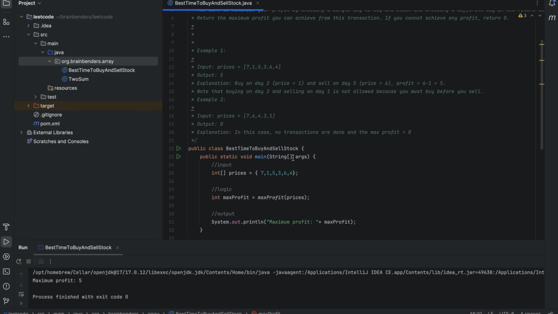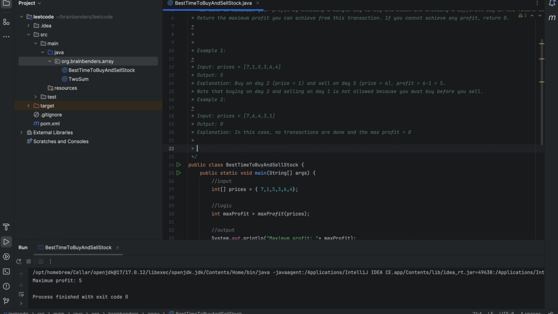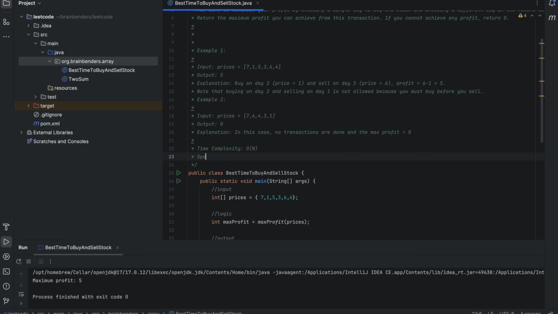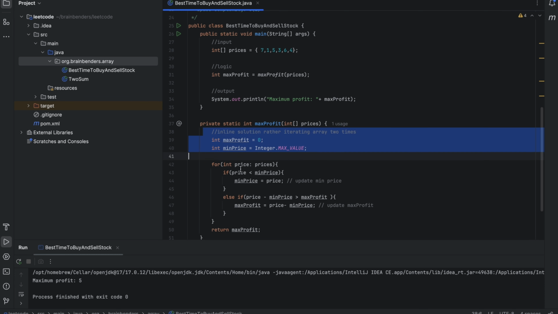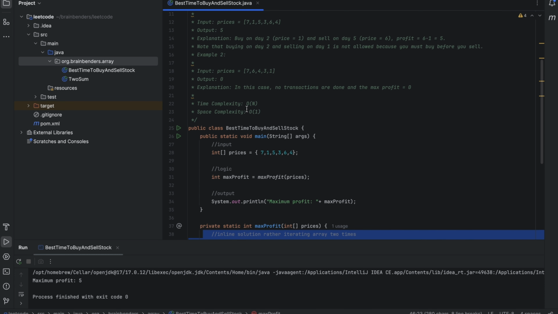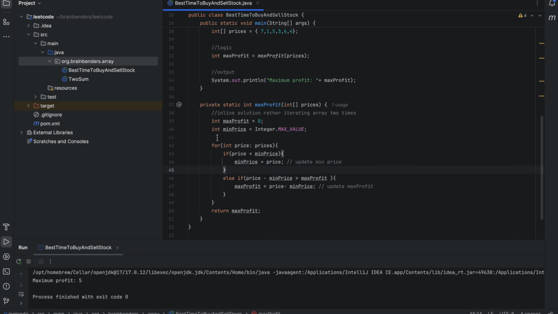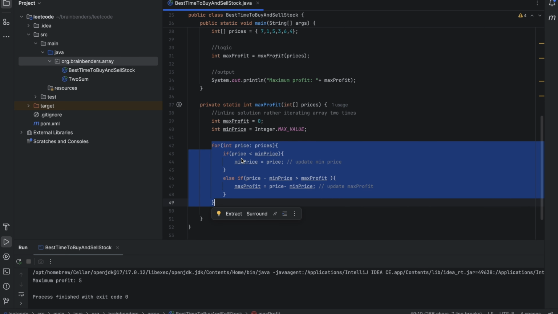So we can easily say that the time complexity of this problem is O of n, but the space complexity is O of 1. Why so? Because no extra space is used. And the time complexity is O of n because we are iterating n times if there are n elements in the price array.